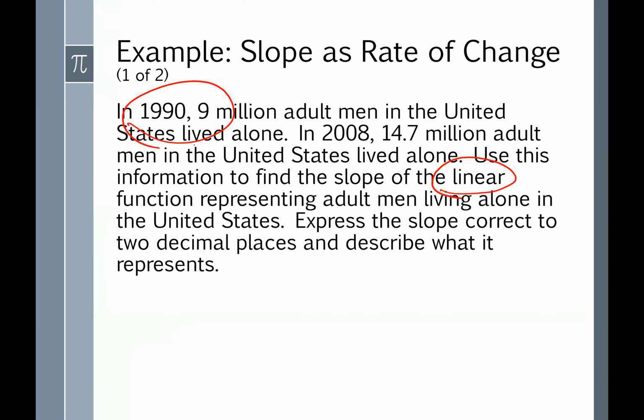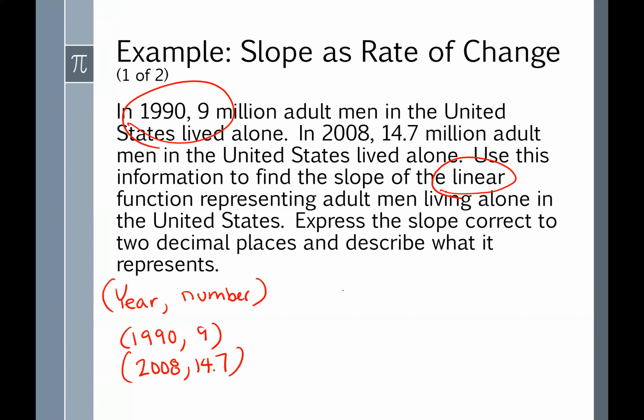So our x variable, our independent variable, is going to be year, and our dependent variable is going to be the number. So the 2 ordered pairs I'm given then are (1990, 9) and (2008, 14.7).